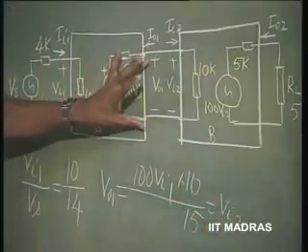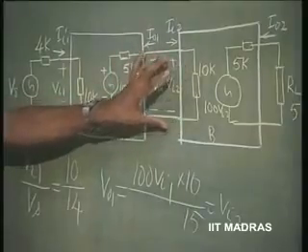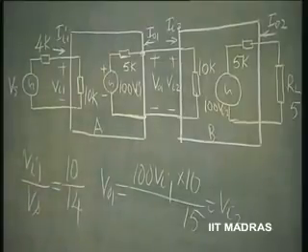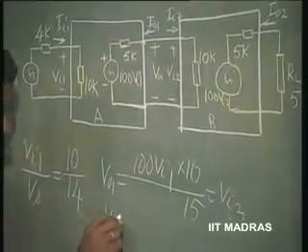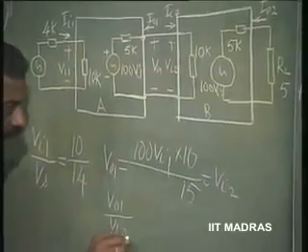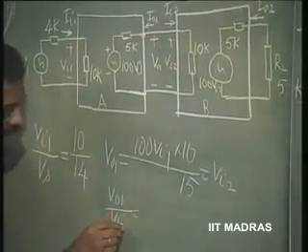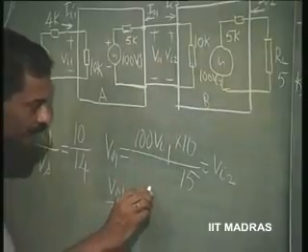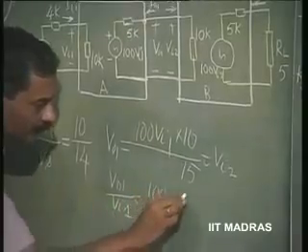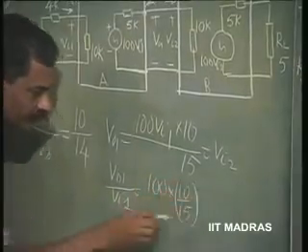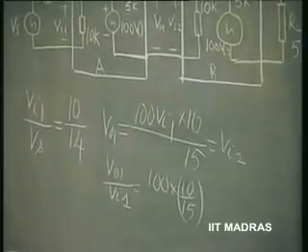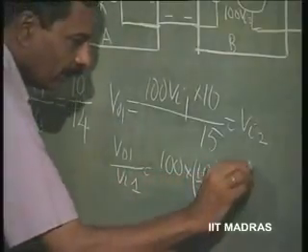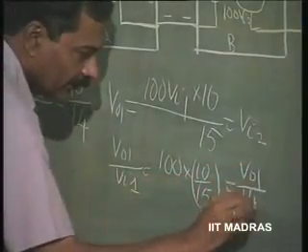V naught 1, the output of this, is the same as the input to the second amplifier. So we have evaluated this. V naught 1 divided by V I 1 is going to be equal to 100 into 10 by 15, which is also the same as V naught 1 by V I 2.